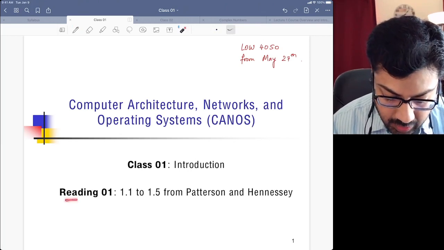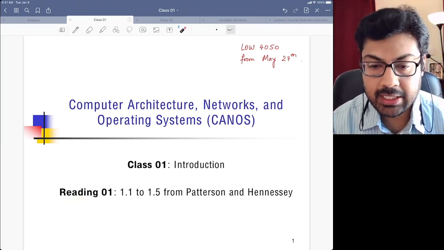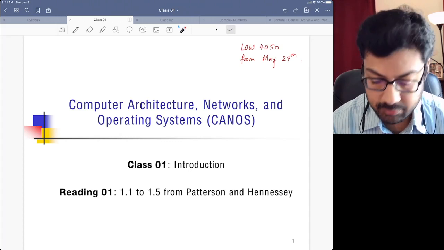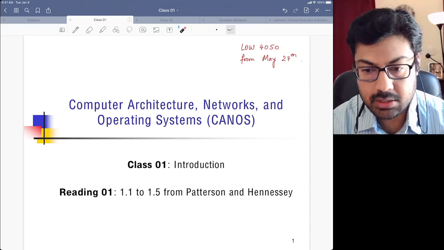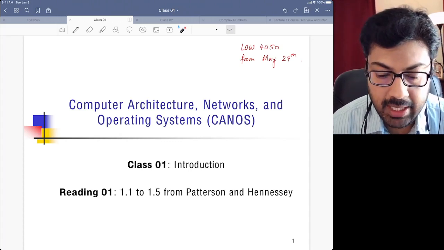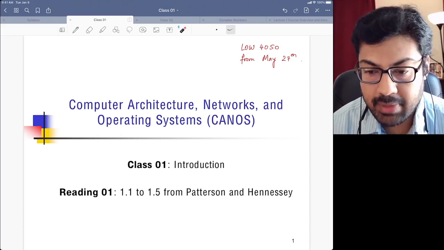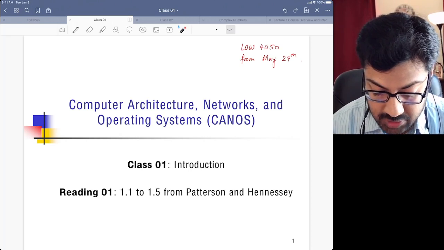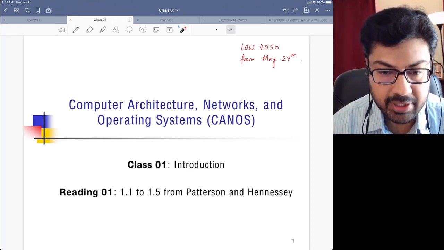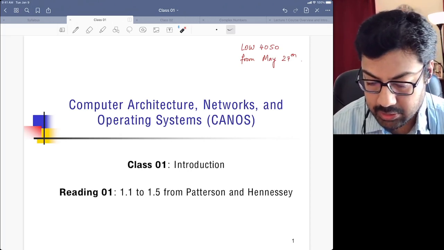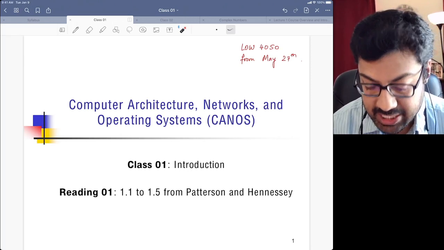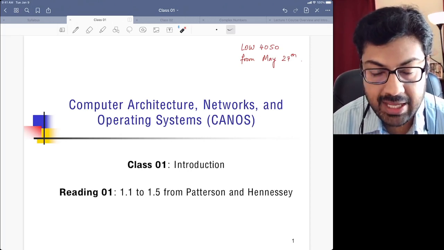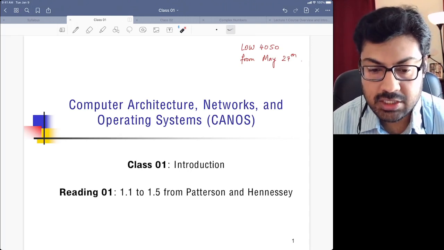The reading for each class is going to be assigned. We have two textbooks for the class. One is based on computer architecture. One is based on operating systems. And for the networking part, I'm going to be supplying slides. But for computer architecture and operating systems, you guys will be expected to have this textbook for reading as well as for certain references.